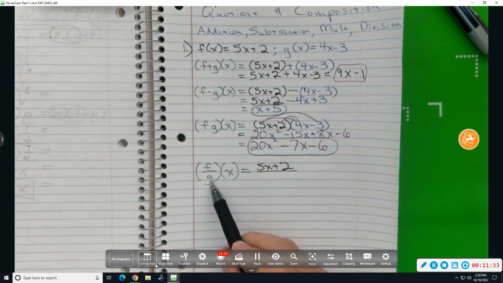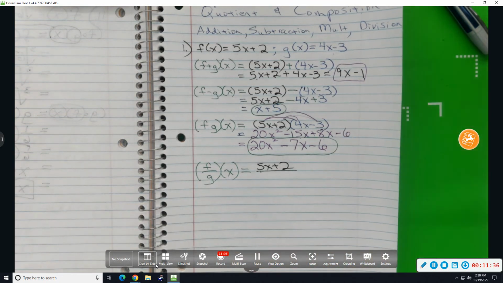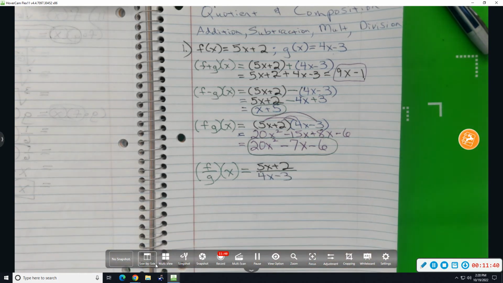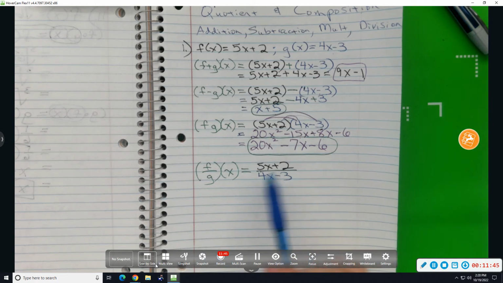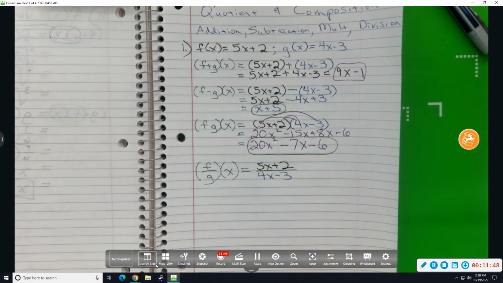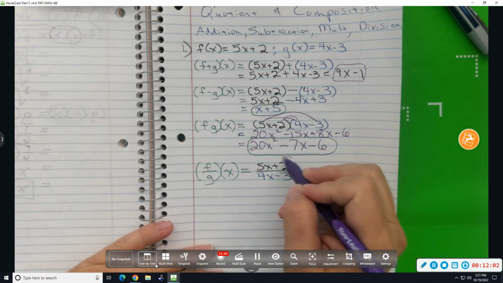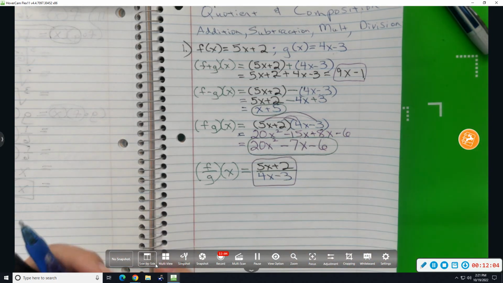And on the bottom we have a 4x minus 3. If we had exponents, we would try to factor and cancel these common factors, but can either of those things be factored? 5x plus 2 or 4x minus 3? Nothing you can do to factor and cancel? Here's your final answer. Any questions there?